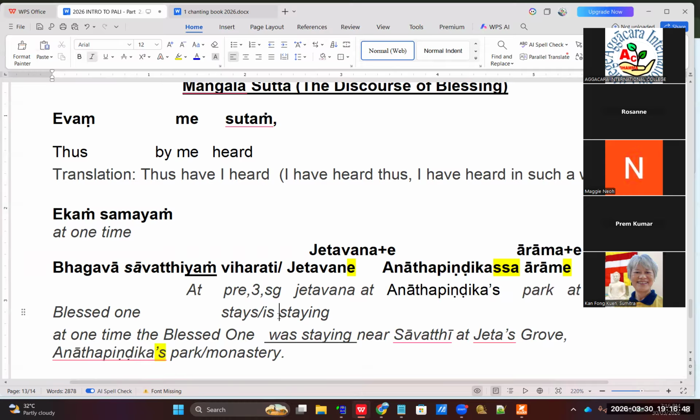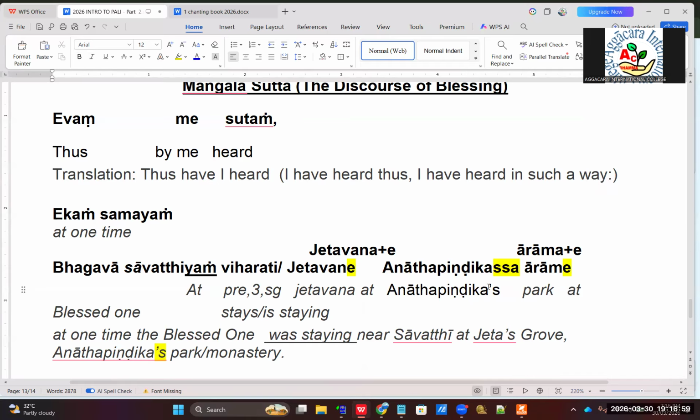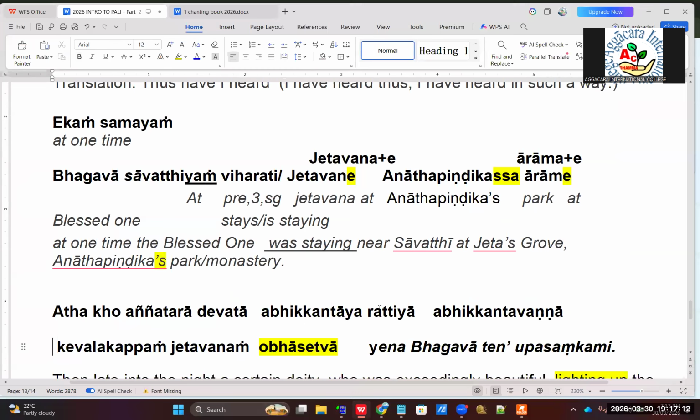He stayed, or was dwelling, at the Jetawana, E here, in the Anatta Pindika. Also this one is Sasa here, belonging to Anatta Pindika. And the place is called Arama. Arama here with the locative is a place here. All right. So it's a park belonging to Anatta Pindika, purchased from the Prince Jeta.